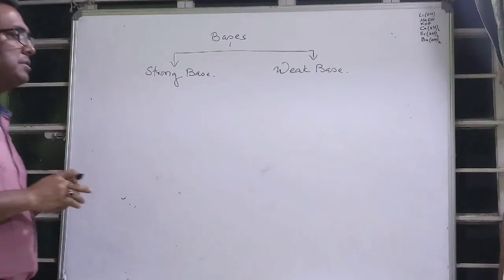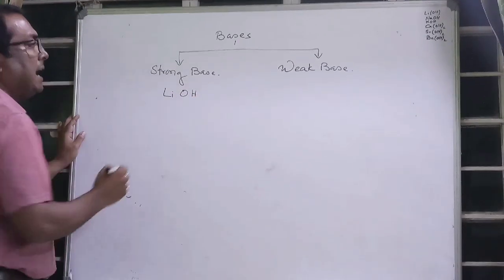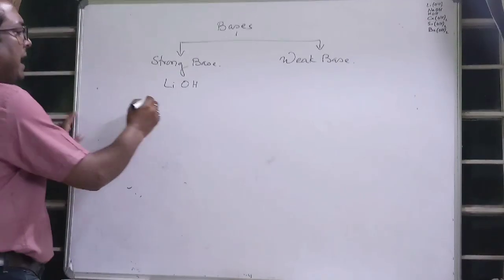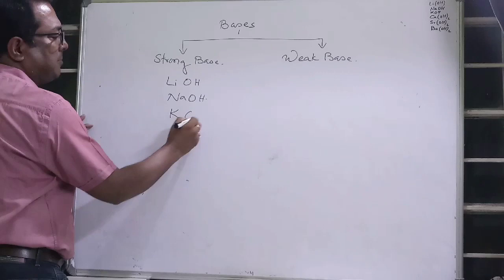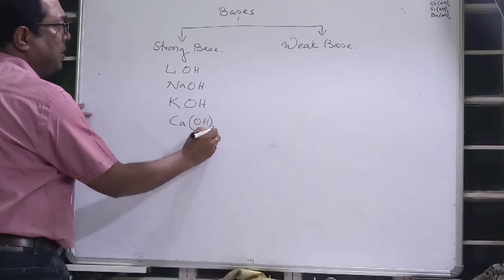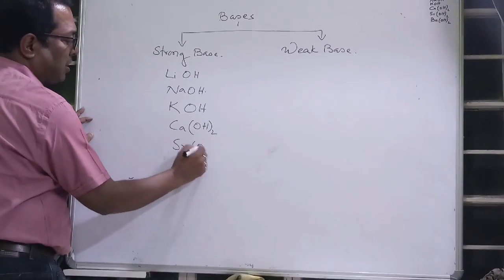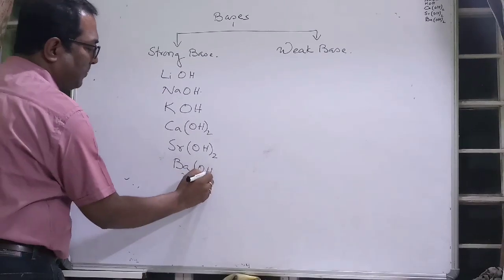In strong bases, we have lithium hydroxide, LiOH, sodium hydroxide, potassium hydroxide, calcium hydroxide, strontium hydroxide, and barium hydroxide.